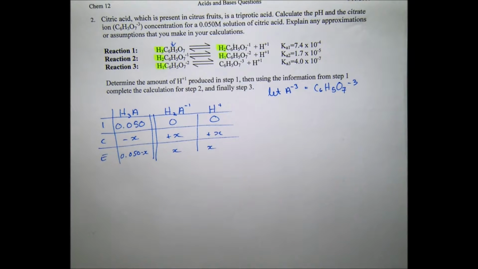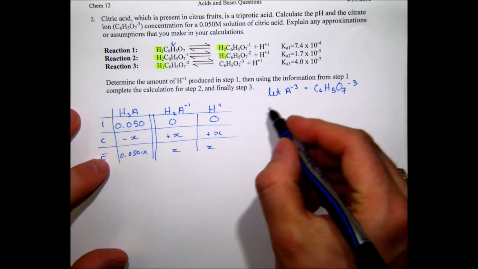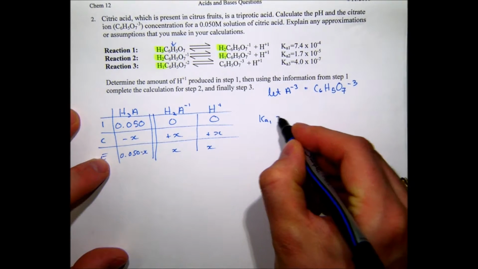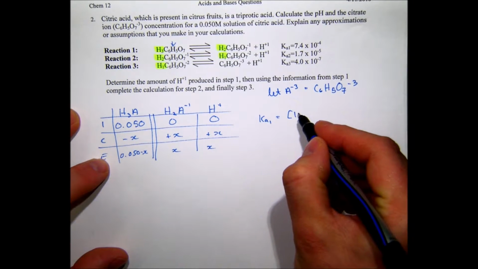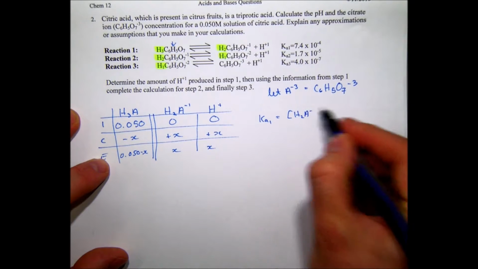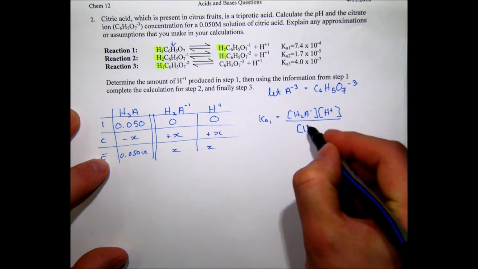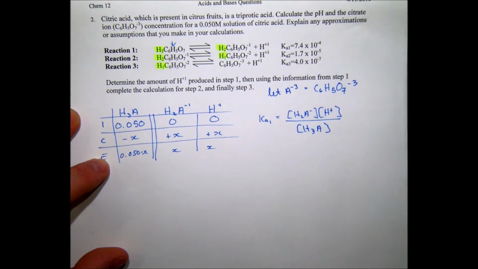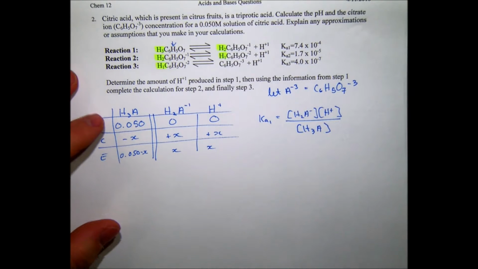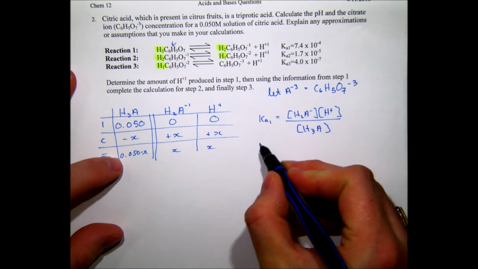So what we're going to have to do is write out the equilibrium expression: H2A minus 1 times H plus over H3A. And we're going to basically be ignoring steps 2 and 3 for a little bit. So now we just substitute in our values.